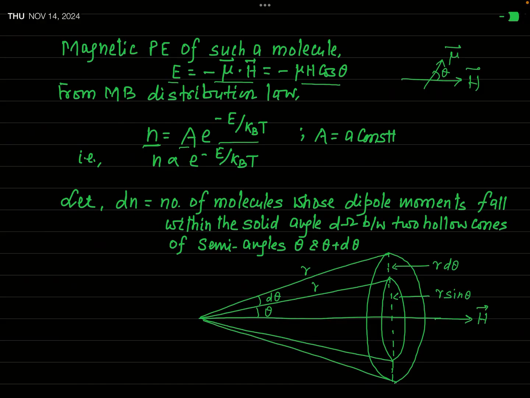Since A is a constant, this number n is proportional to e to the power minus E over Kb times T. This e to the power minus E by Kb times T is actually called the Boltzmann factor.